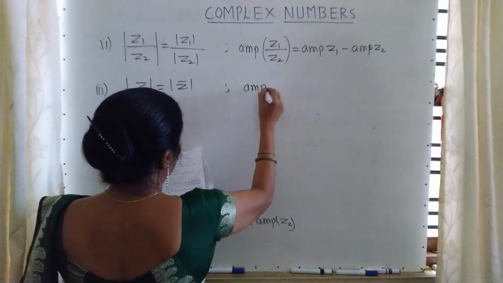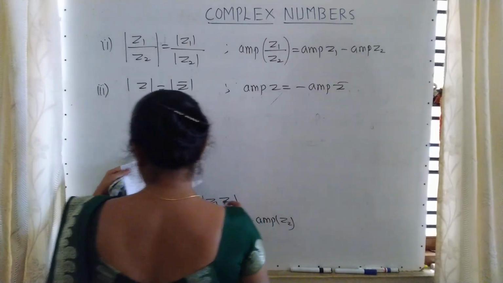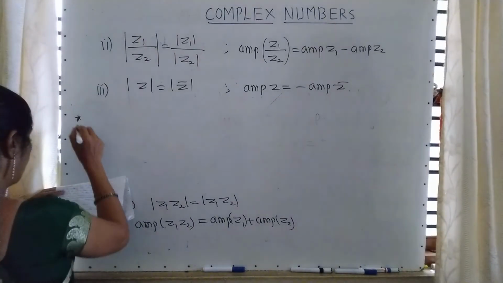Remember that. Amplitude of z is equal to minus of amplitude of its conjugate. Write down the important point.